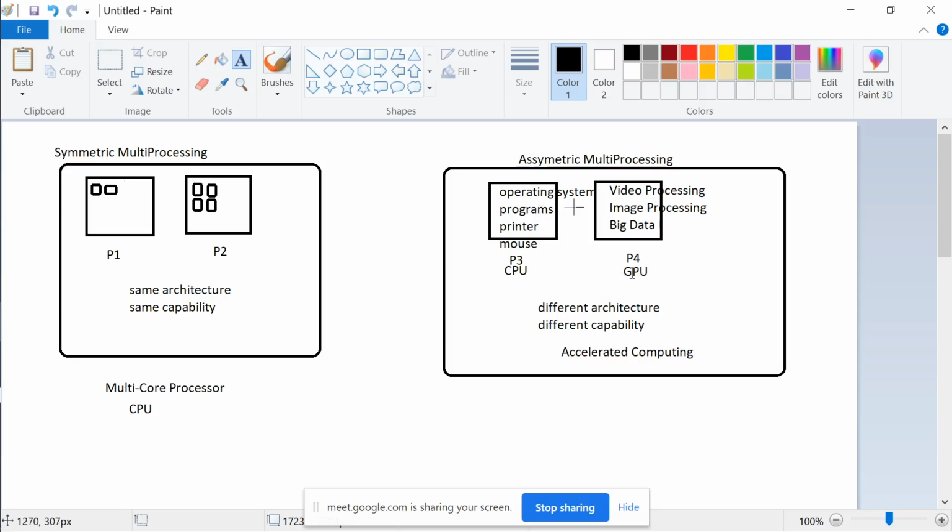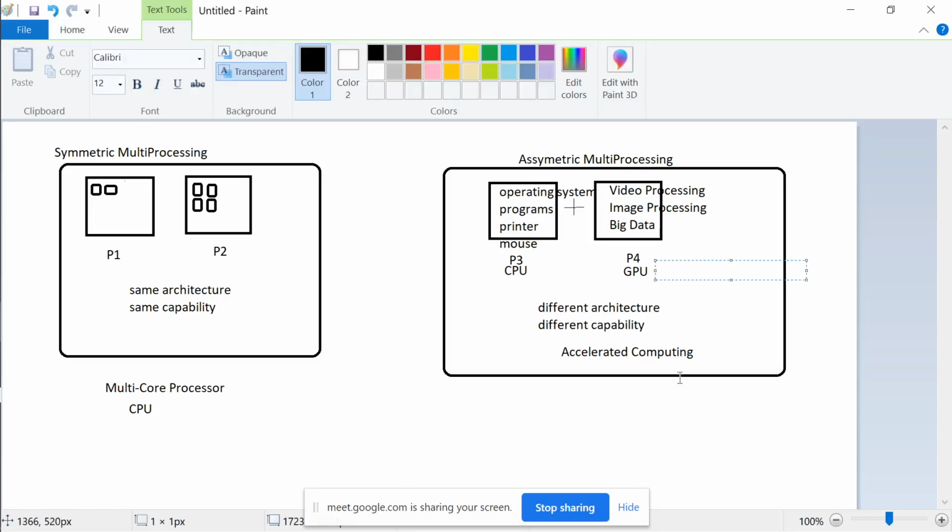Your GPU is like, let's say your father is going to office, father is not doing any work inside the house, but he's going to the office. In that office 15,000 people together are able to do work very fast. That is like your GPU.